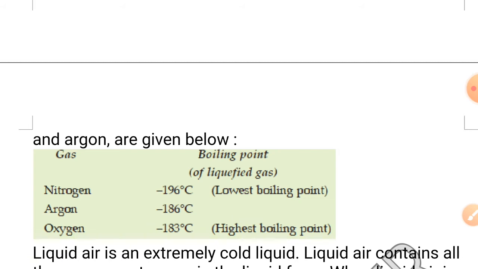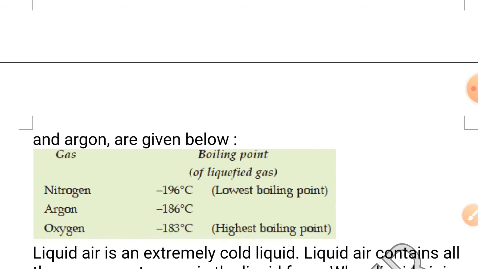Again, the gas is further compressed and cooled to minus 200 degrees Celsius. At that time, oxygen, argon and nitrogen get liquefied. Look, the noble gases except argon go out as gases.